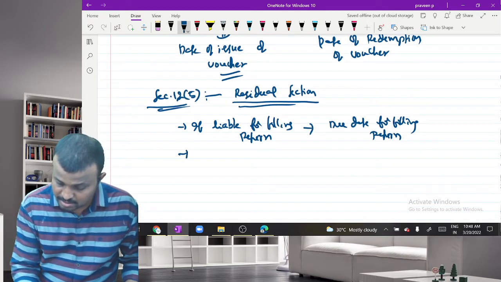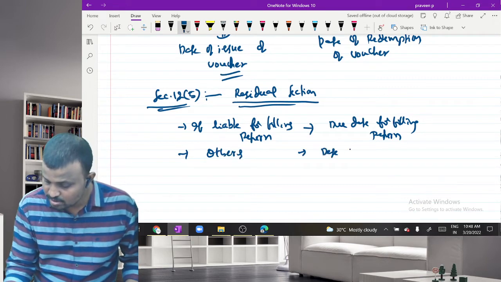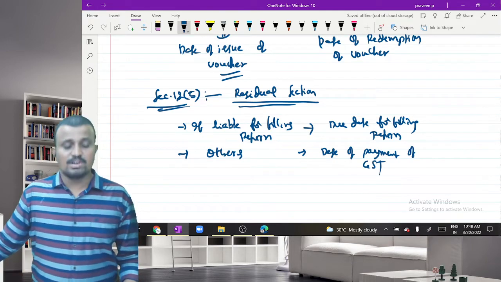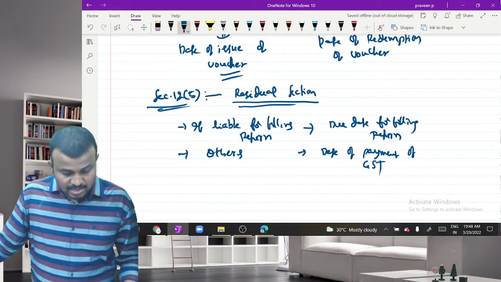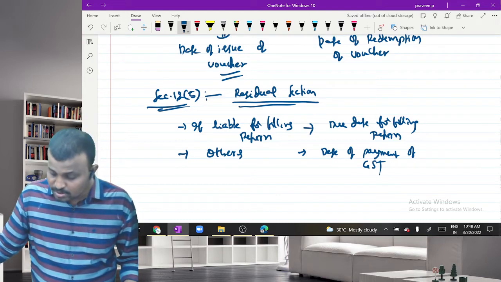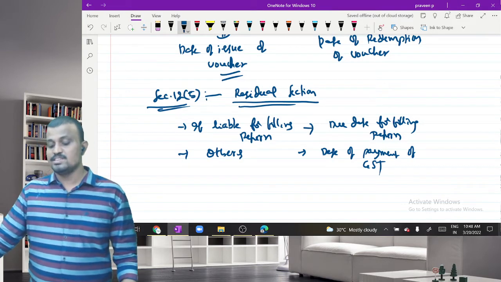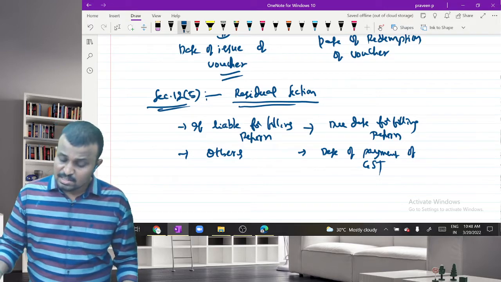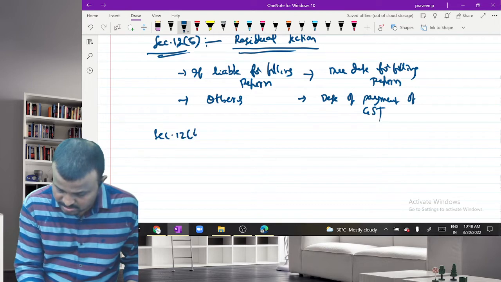And in case of others, what is the time of supply? The date of payment of GST is said to be the time of supply. Clear? Then next one, section 12.6.